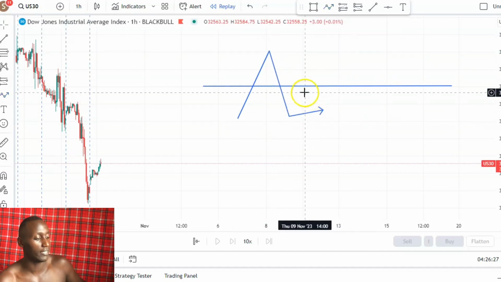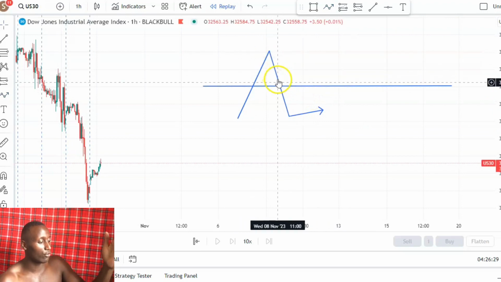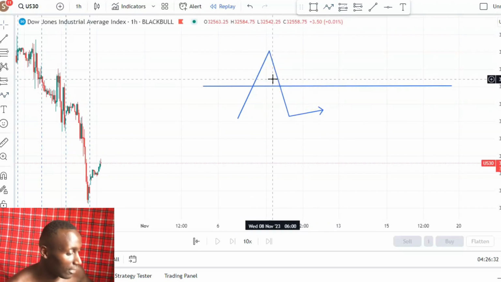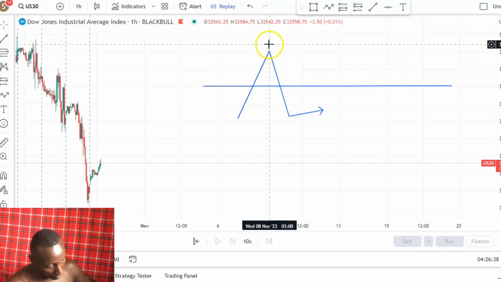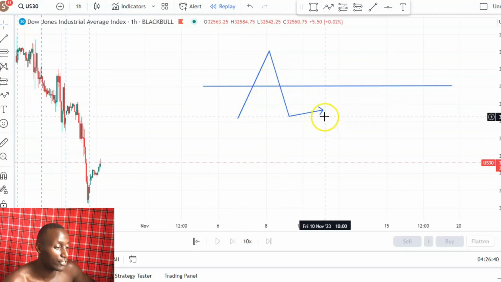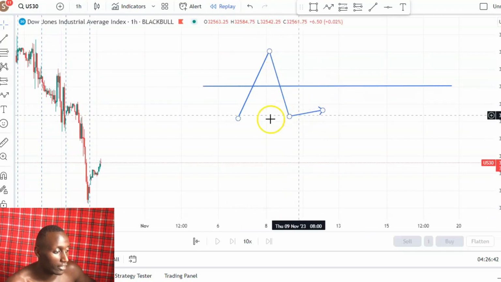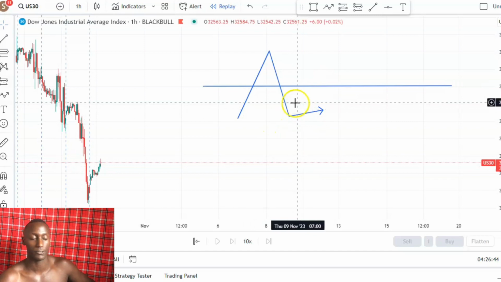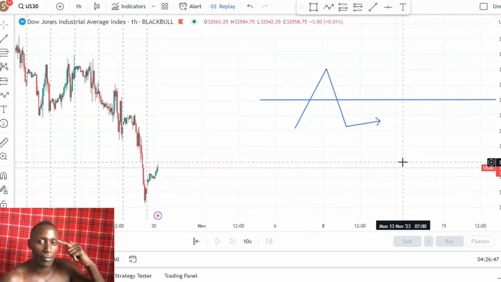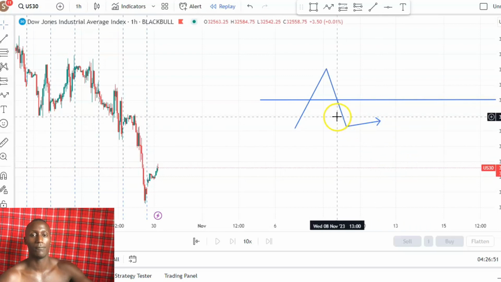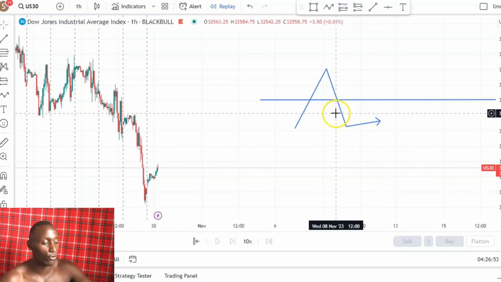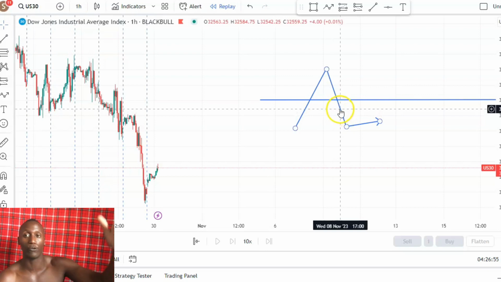So at the end of the day, at some point we were outside of the high of the week, and people thought this was going to be a bullish trend, but price comes back into the range of the high and the low of the week and closes back inside of that range. In your mind, start preparing yourself. This might be a reversal. This might be the end of the market maker template if we were going up.